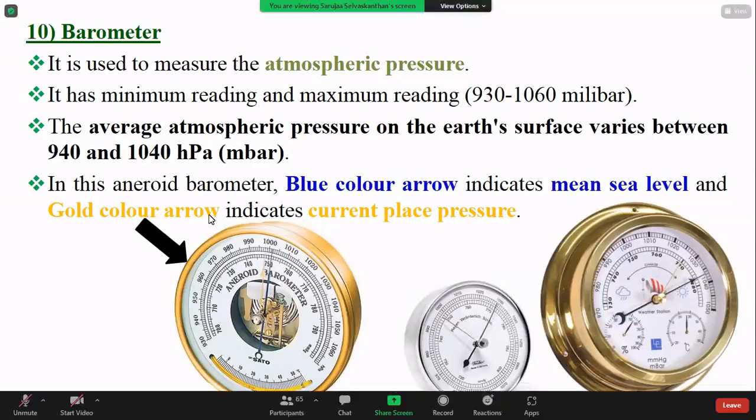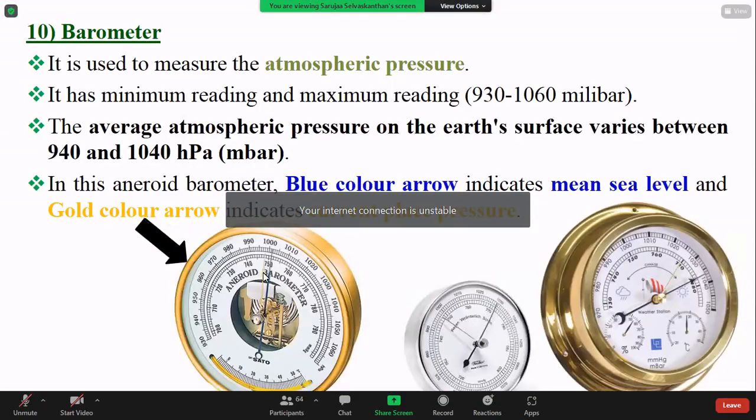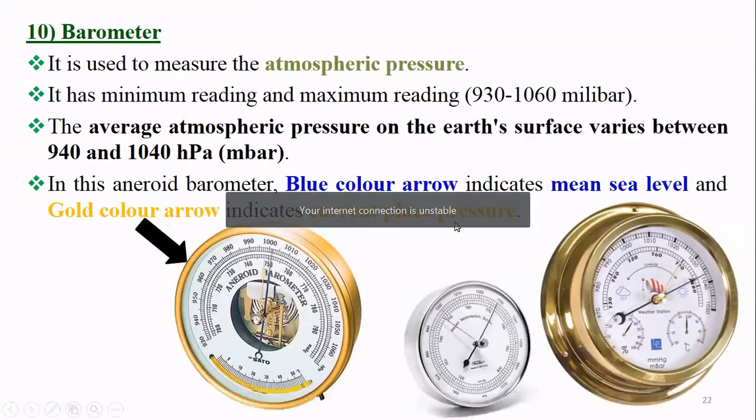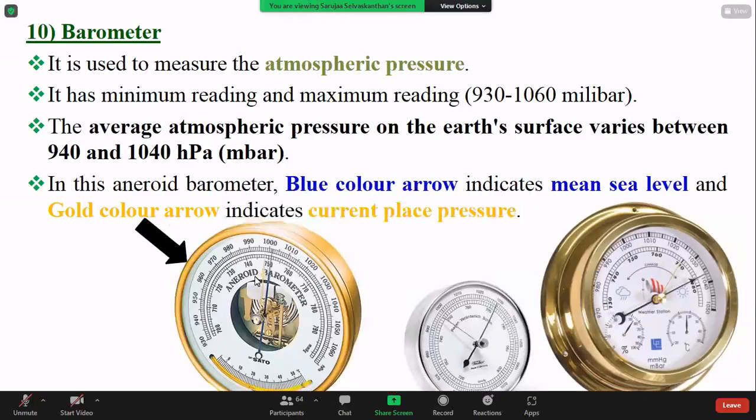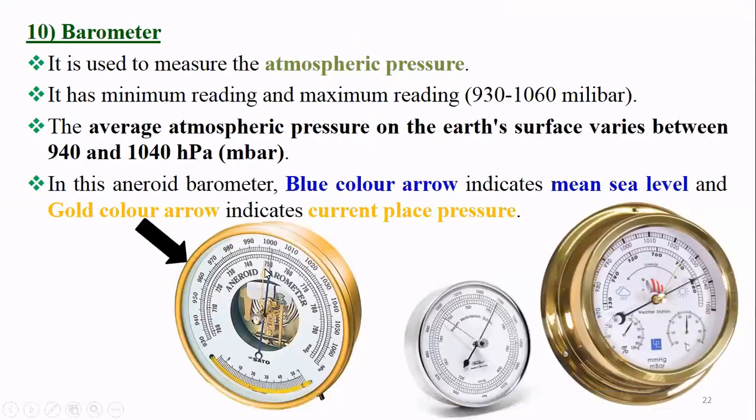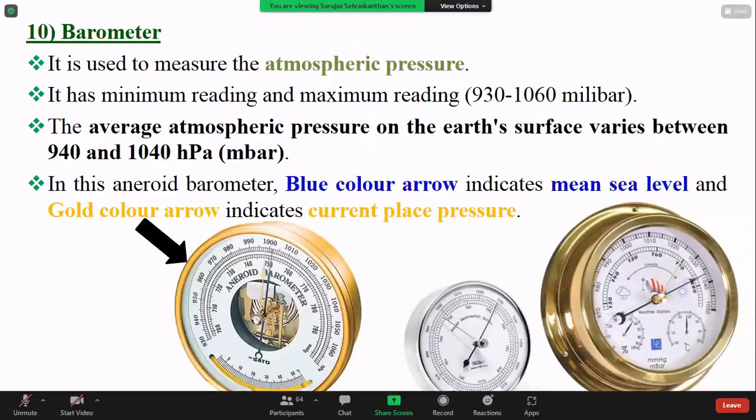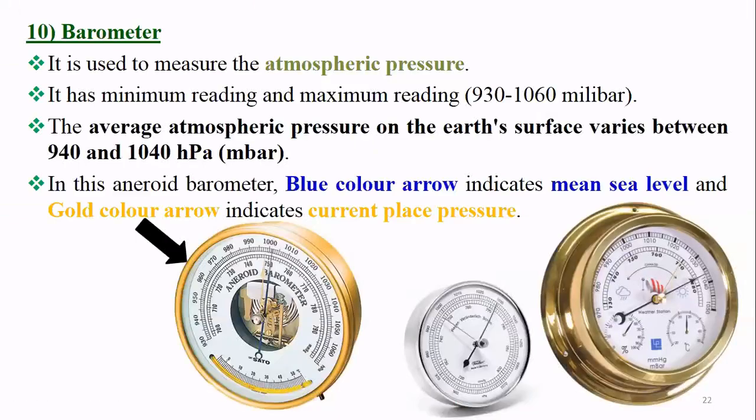Then the gold color arrow, if your place is in Jaffna, this yellow color indicates your area pressure reading, and the blue color gives the mean sea level, how elevated from the sea level. If sea level is 0, what is the elevation of your place? That's the mean sea level.